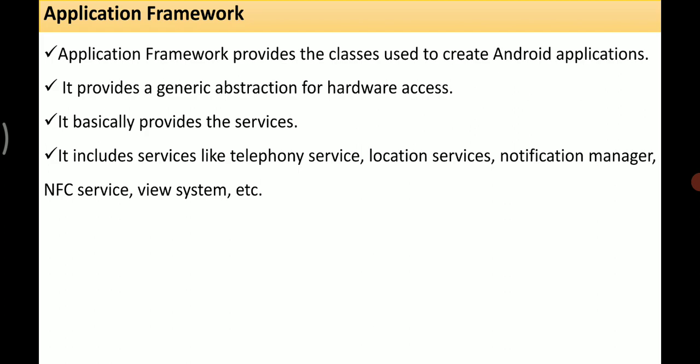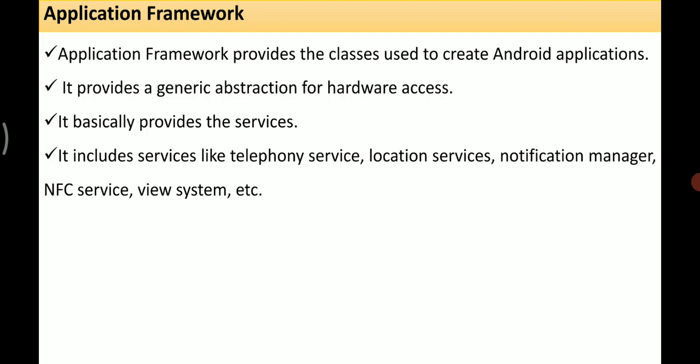The next key service is content providers, which allow applications to publish and share data with other applications. Another key service is the resource manager, which provides access to non-code embedded resources like strings, color settings, and user interface layouts.